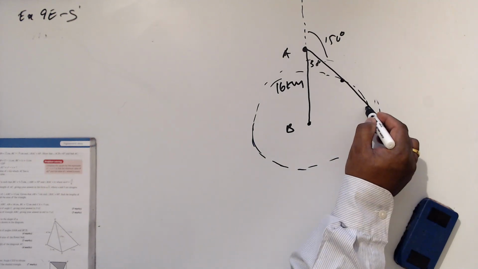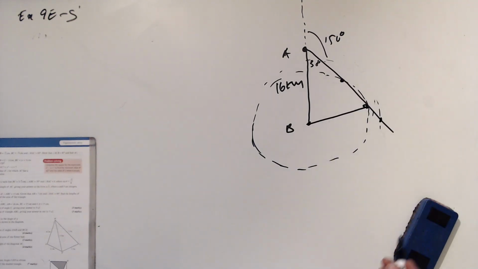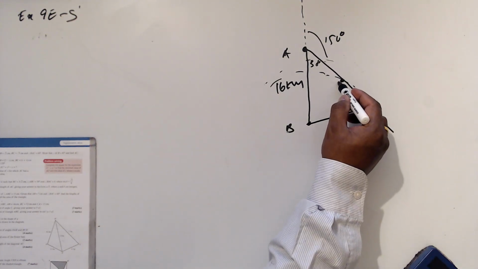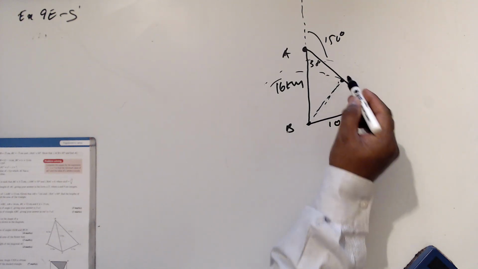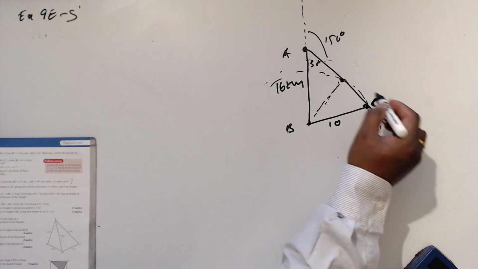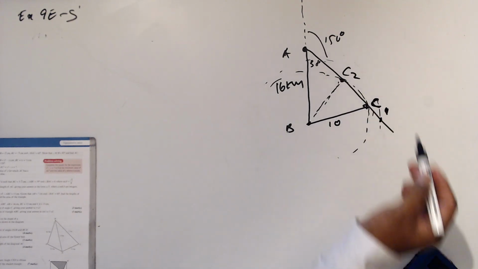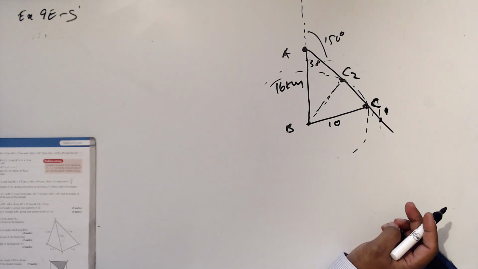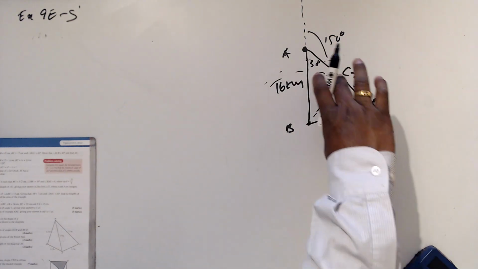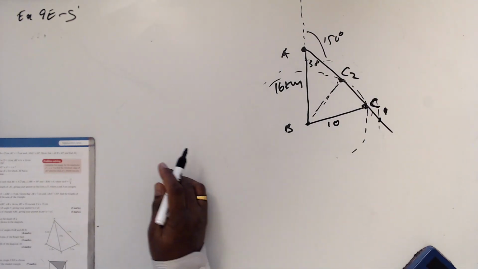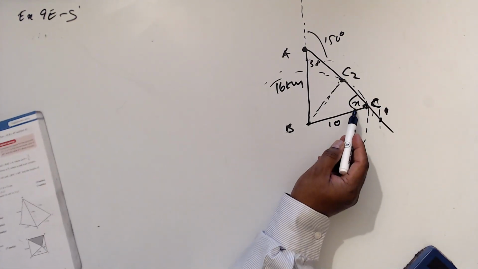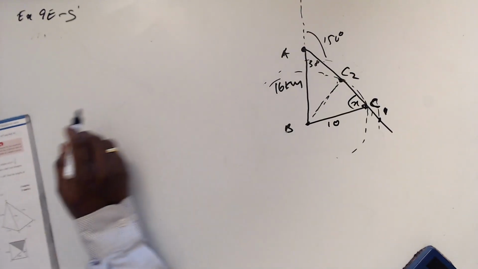This is 10 kilometers. So this is the other position, two positions. We'll take this as C1 and C2. So I have two lengths now, this one and this one. And I will take this angle as X. If X is acute, this is the one, if X is obtuse, then this is the one.